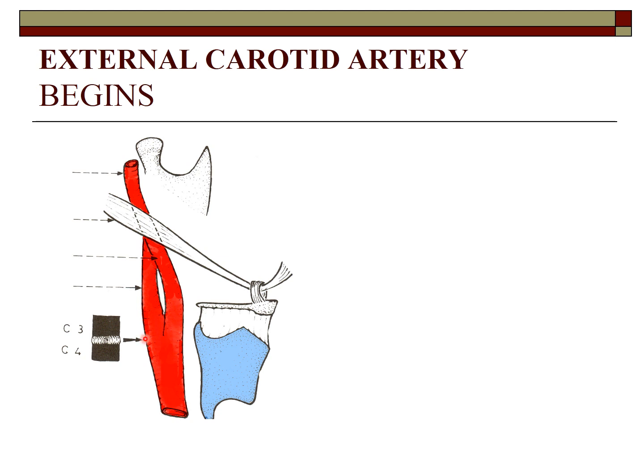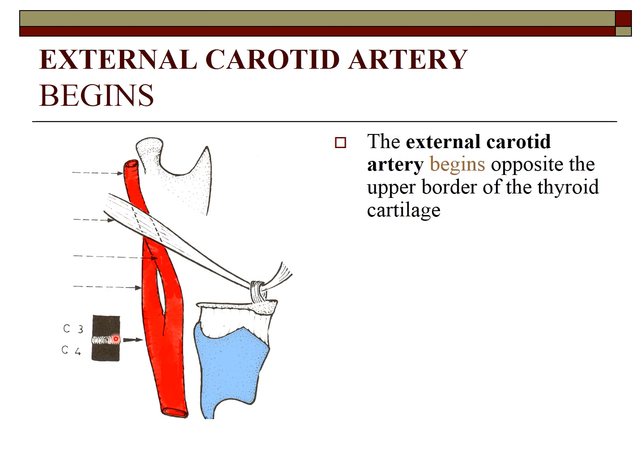We can also say the disc between cervical vertebra number 3 and number 4. So the external carotid artery begins opposite the upper border of the thyroid cartilage, or the disc between C3 and C4.